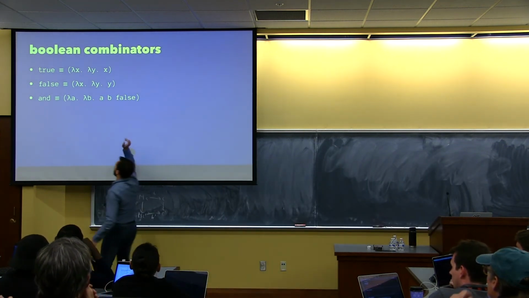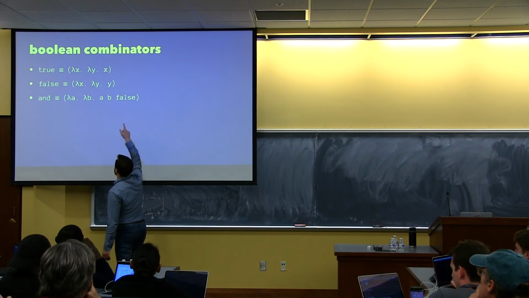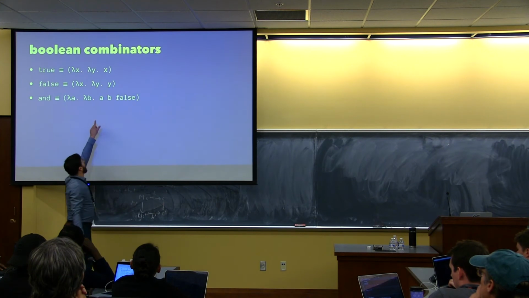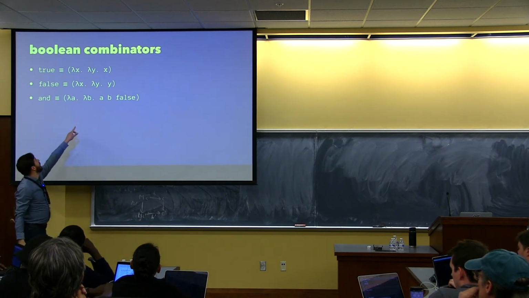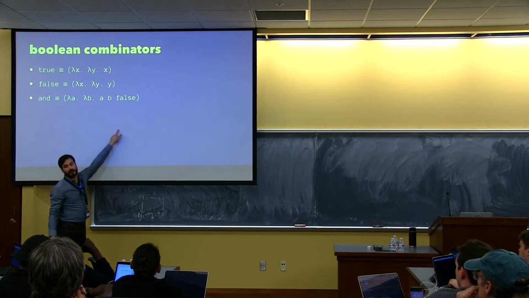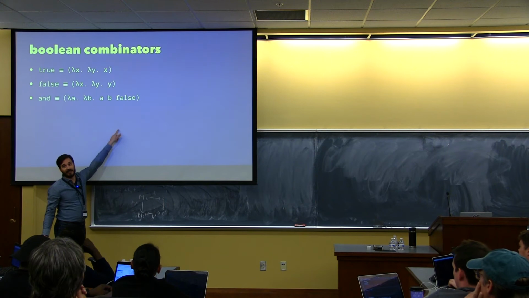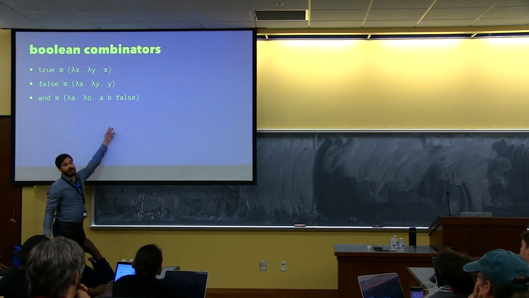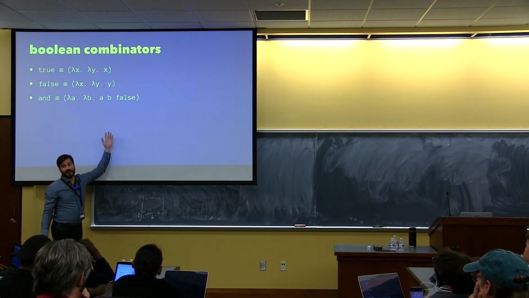We have two functions, true and false. True returns the first value, false returns the second value. So if A is a Boolean value, true or false, if it's true, it's going to return whatever B is. And if it's false, it returns false right away because it's an and. If B is true, then it's true. If B is false, then the whole thing is false. Does that make sense? That's why that looks like that.